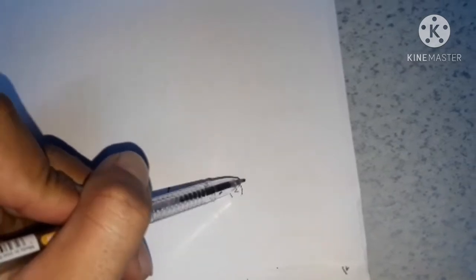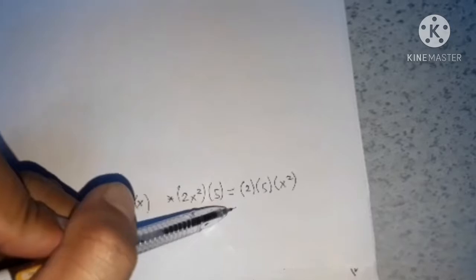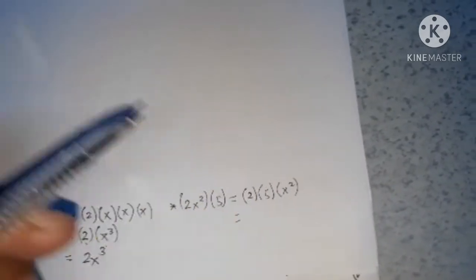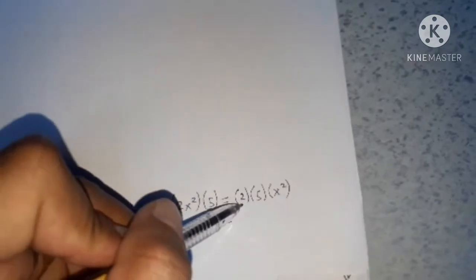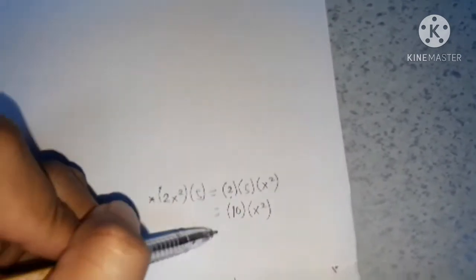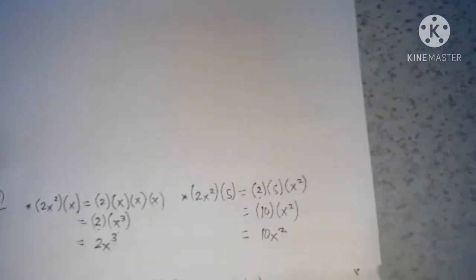So that is simply 2 times 5 times x squared. So numerical coefficient to numerical coefficient, and then wala namang ibang variable. 2 times 5, that is 10, and then times x squared. So 10 times x squared, that is 10x squared.